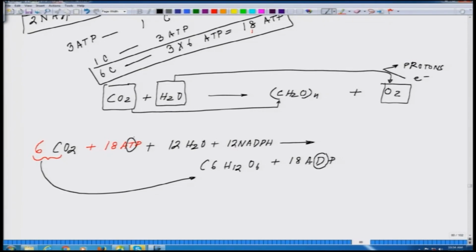Here you have the triphosphate, just compare, plus 18 phosphorus molecules which have come out from tri to di, plus 12 NADP plus, because it has donated these hydrogens out here, which makes it H12.